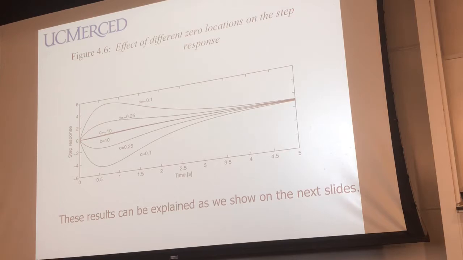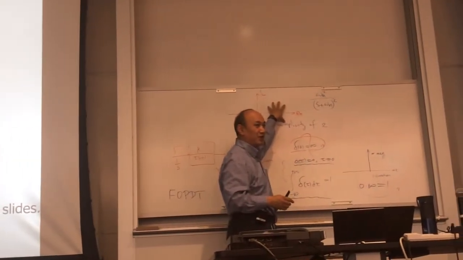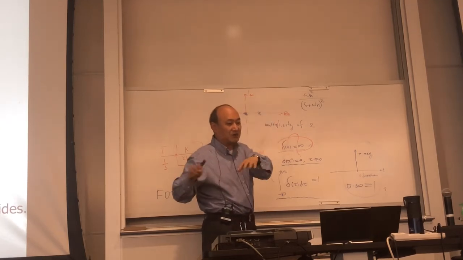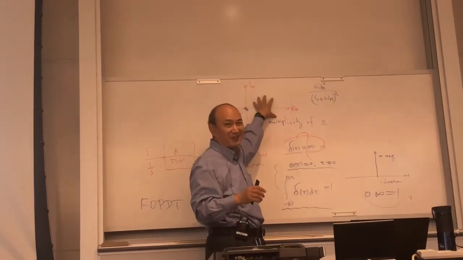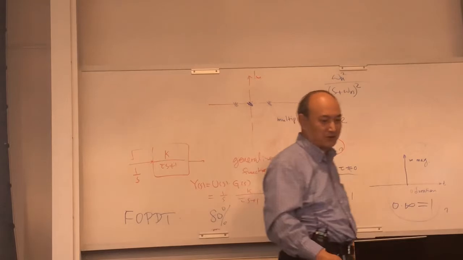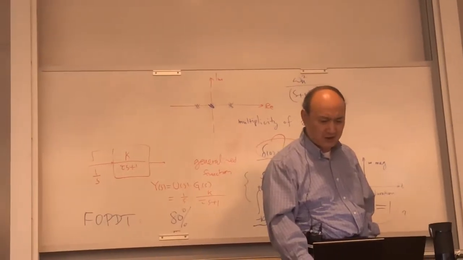I told you multiple times: when the zero lives on this side, the right half plane, that's called a non-minimum phase zero. And if your poles live here, then the system will be unstable.